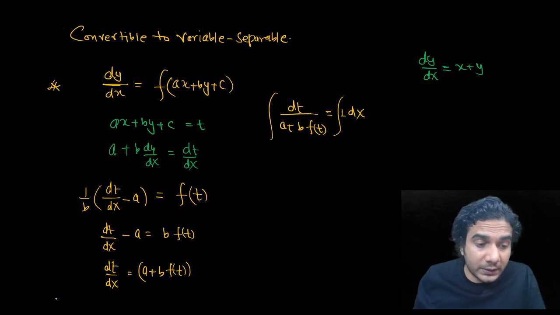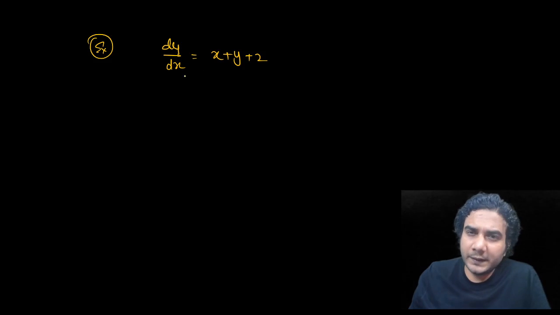Now let's do this example which I have written here. dy by dx is equal to, say, x plus y plus 2. This is a very easy example.